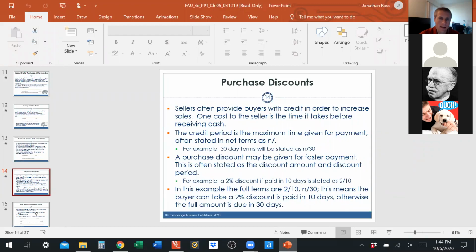It's often stated in net terms, so N dash however many days the seller is giving the buyer to pay them back. So 30-day terms would be stated as N/30, and these terms would appear on the invoice that the seller gives the buyer.